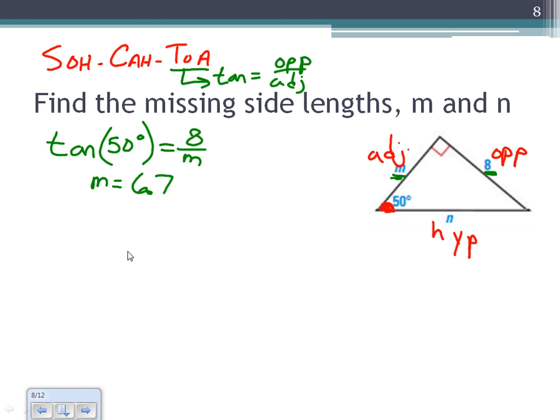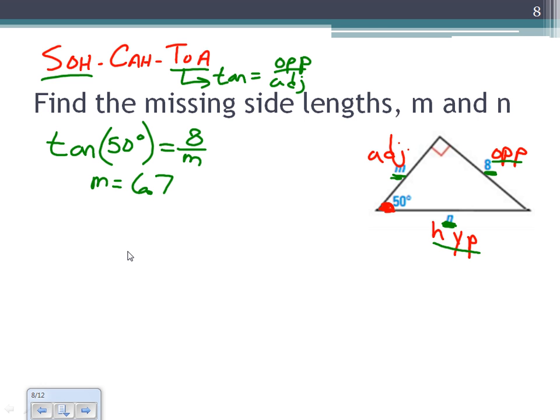The other one then, if I want to solve for N, use N and the 8 again, so I have opposite and hypotenuse. Consult your sheet. Which one has opposite and hypotenuse, Jason? So which trig function do I use?